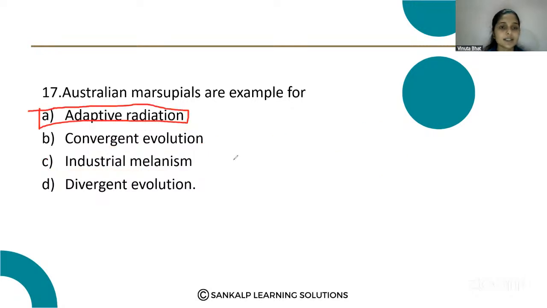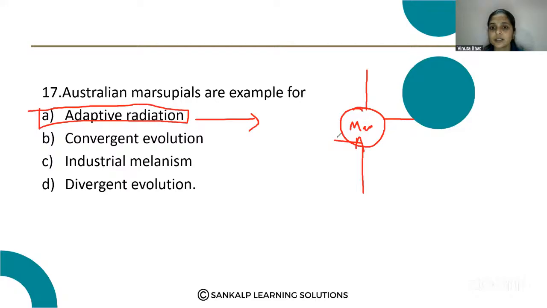Then what is adaptive radiation? Imagine that in a particular area some marsupial species were present. These are the ancestors. When they move to different geographical areas, they adapt their bodies to that environmental condition.